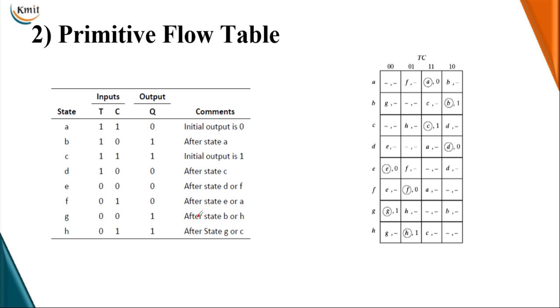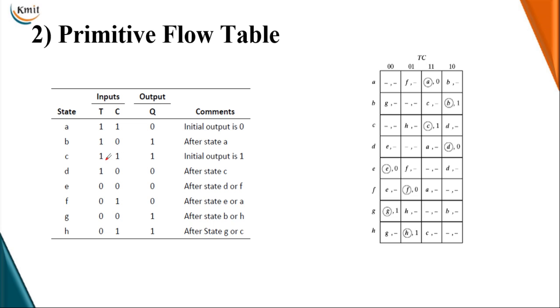Now we mention first that initially T input is 1. When T input is 1 and clock input is 1, the initial output is 0. Next, when the clock moves to the negative edge, since the toggle input is 1, the previous state is toggled to logic 1.